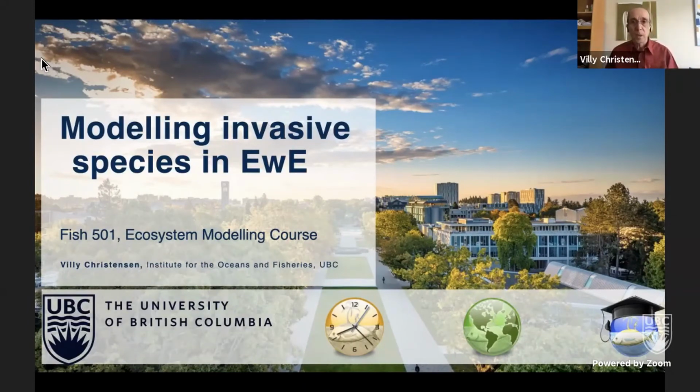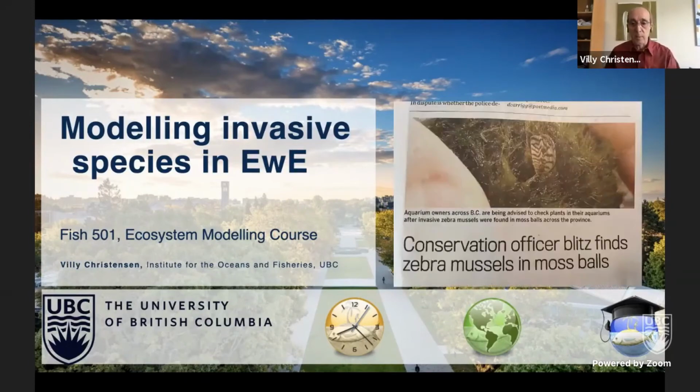And I'll start out here with this little notice. This is from yesterday's paper, I think from the Vancouver Sun here in Vancouver, BC. It was a story about how this weekend the conservation officers made 600 visits to aquarium shops across the province to look for zebra mussels.